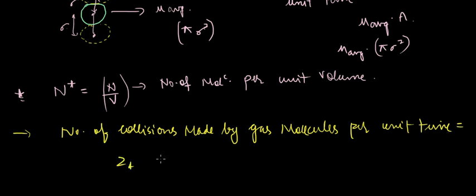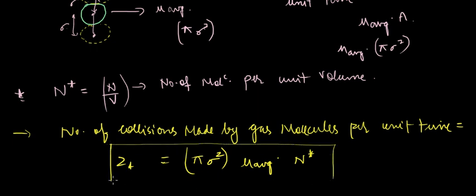Let us write it as z star. Z star would be pi sigma square into U average into n star. Because we define n star as number of molecules per unit volume, and the collision volume is pi sigma square into U average. We just saw it a few seconds back. So this would be the formula, just remember this.